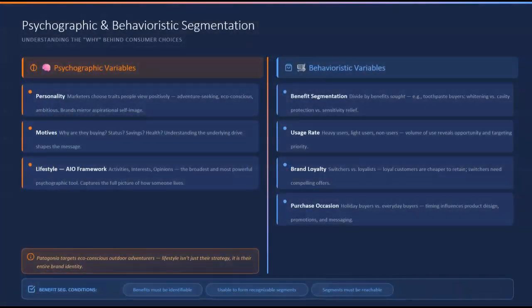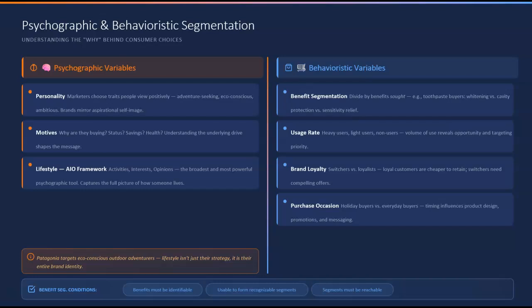Psychographic and behavioristic segmentation, understanding the why behind consumer choices. We see this a lot lately. There are a lot of advertisements and marketing campaigns that target consumers for what their ambitions are. Are they eco-conscious, like green, those who want to support environmental causes?